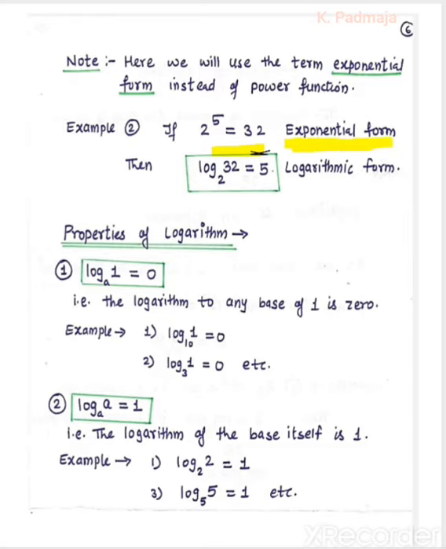This is exponential form. So we can write this exponential form in logarithmic form as log of 32 to the base 2 equal to 5. How can we write? Log of 32 to the base 2 equal to 5. So this is the logarithmic form of this exponential form. Okay.